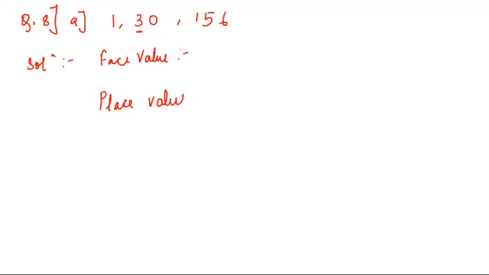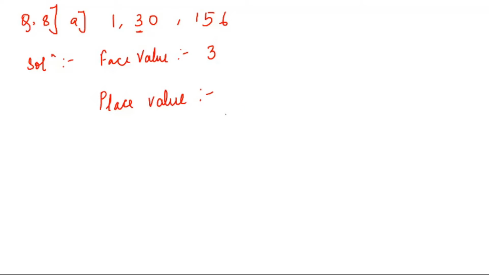So the face value of 3 will remain 3. Face value always remains the same. Face value change नहीं होती. Face value as it is ही रहती. So 3 will be the face value, and for the place value: 1, 10, 100, 1000.